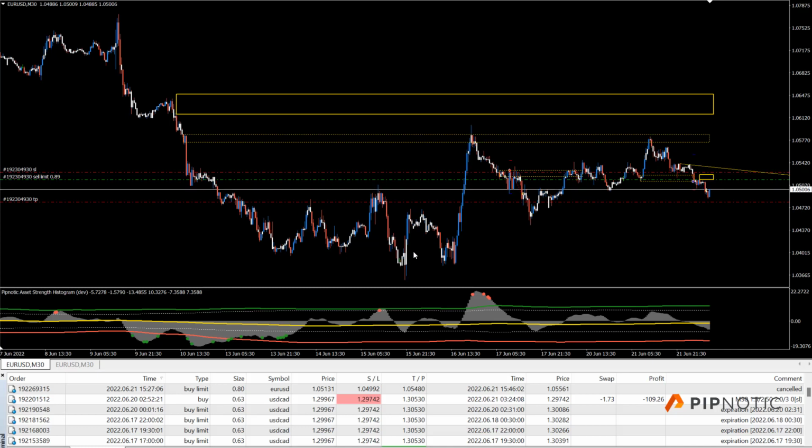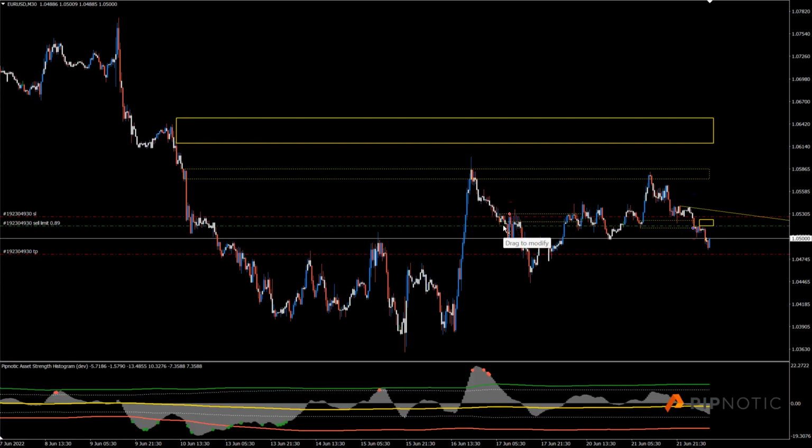So what we need to be doing is doing this manually. If you want to mimic the algo trader, you want to be selling when the histogram is negative, and you want to be buying when the histogram is positive.